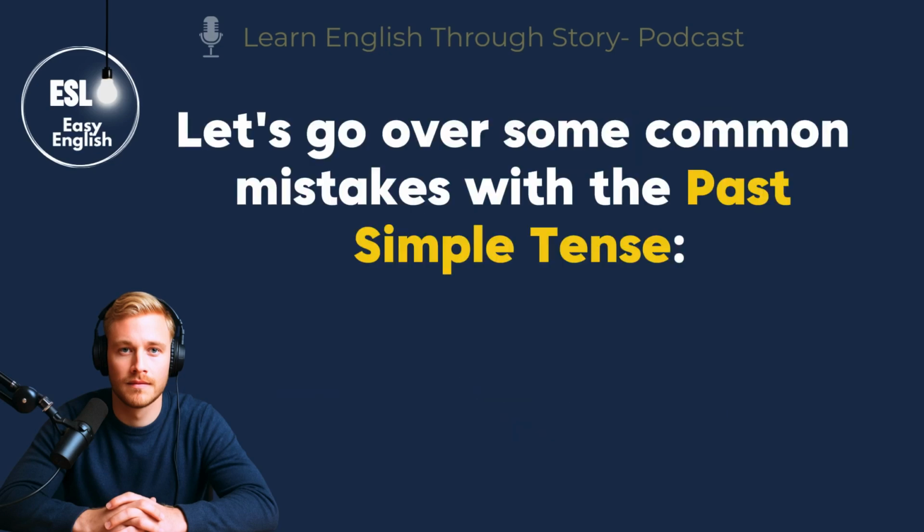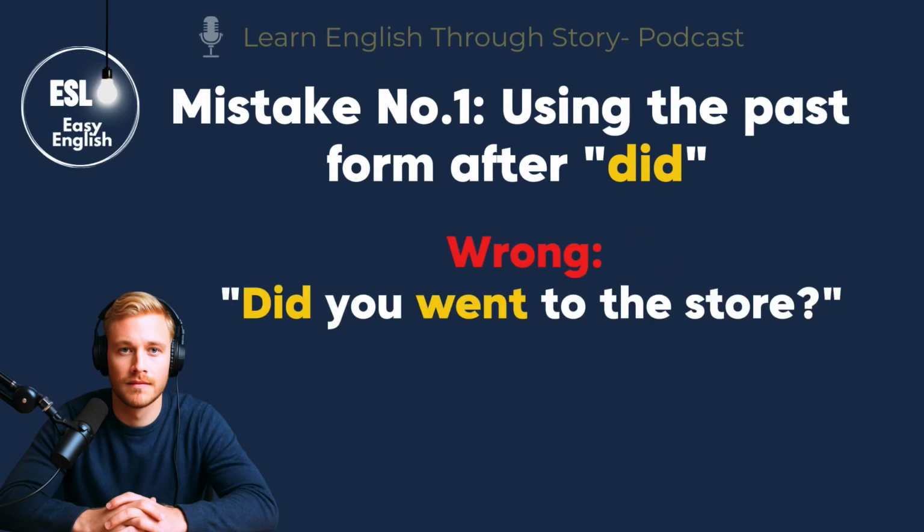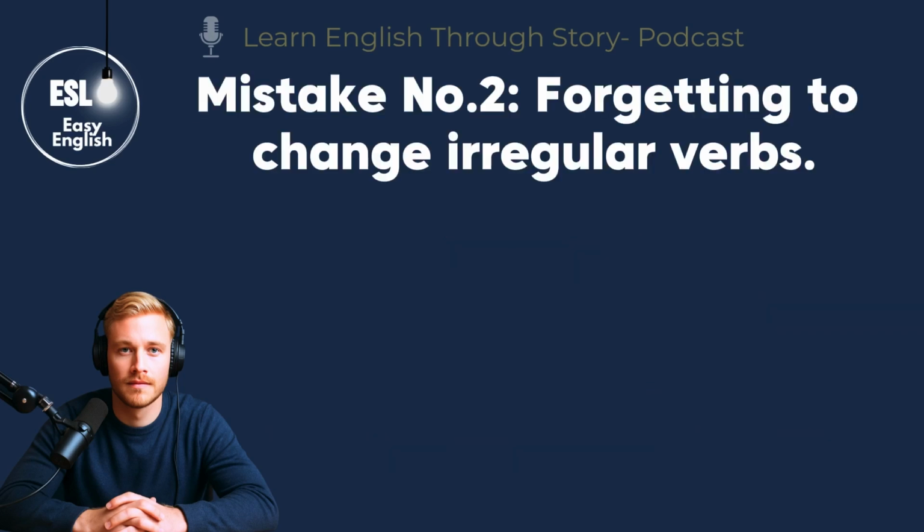Let's go over some common mistakes with the past simple tense. Mistake number 1, using the past form after did. Wrong: Did you went to the store? Right: Did you go to the store? Mistake number 2, forgetting to change irregular verbs.